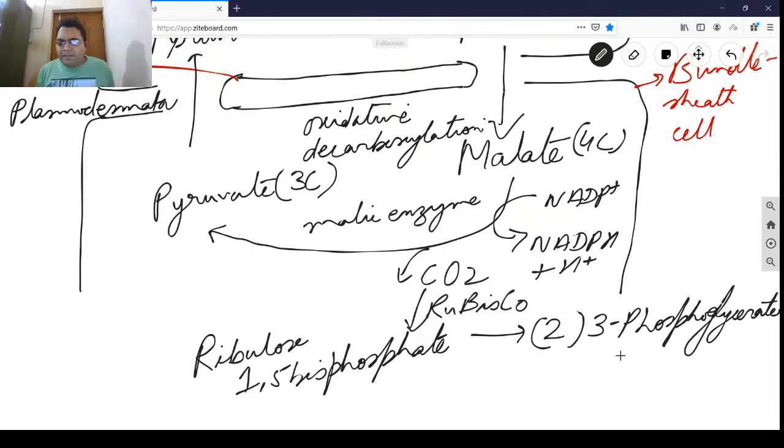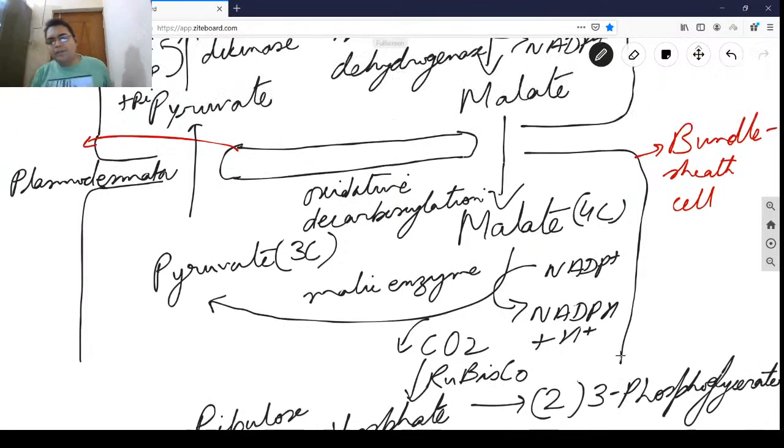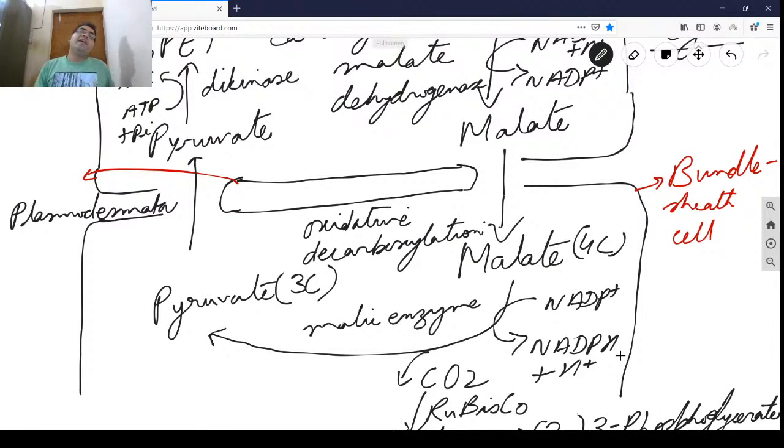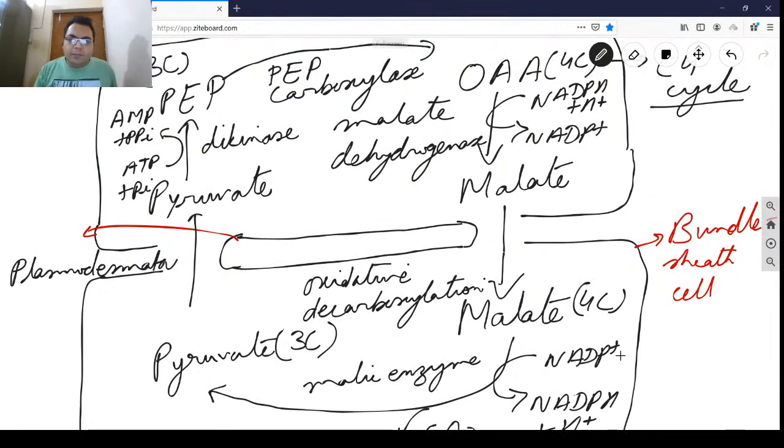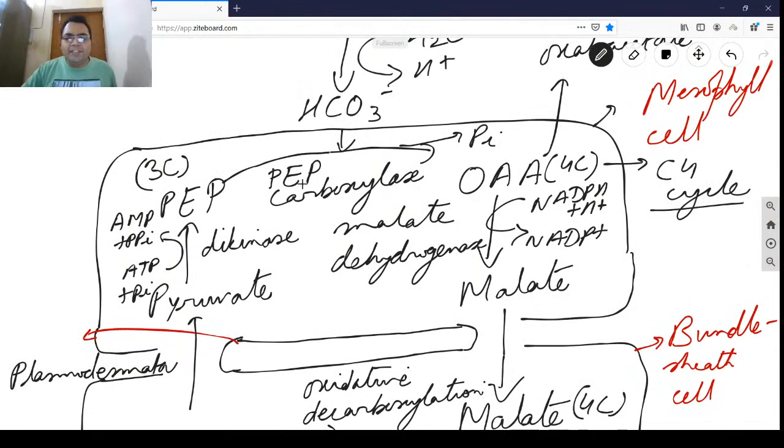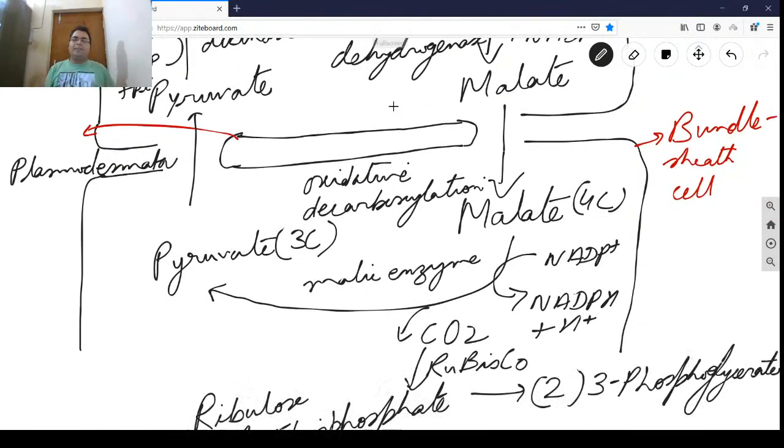But what I am doing is I have only made Rubisco available in the bundle sheath cell. I am not making Rubisco available in the mesophyll cell, where it could take either O2 or CO2 from the air. So I'm only making Rubisco express in the bundle sheath cell, and in the bundle sheath cell, only CO2 is being released.